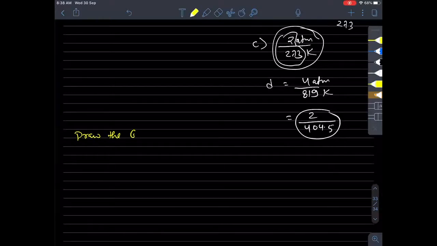So draw the graph between density of ideal gas versus pressure, constant.